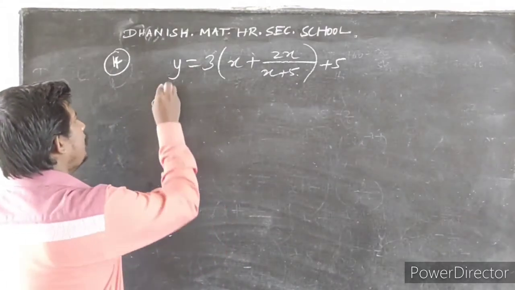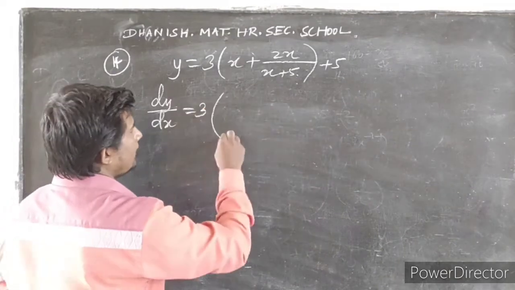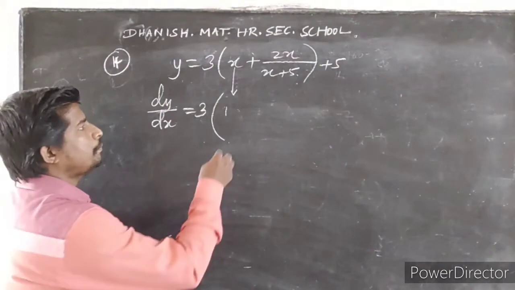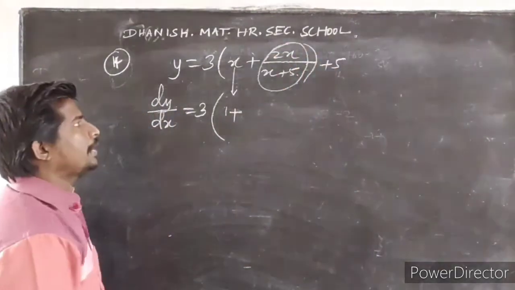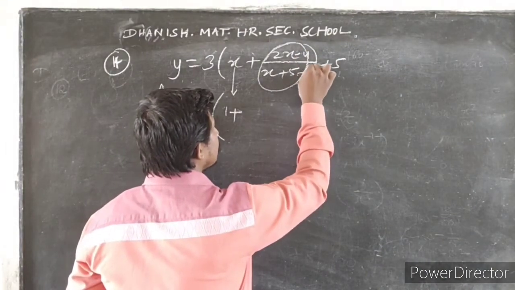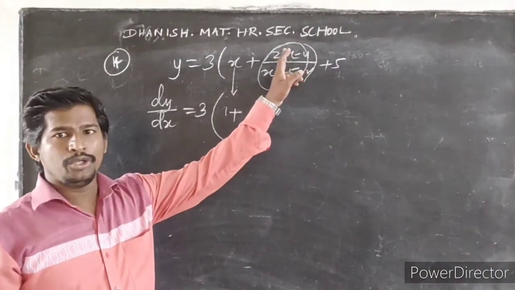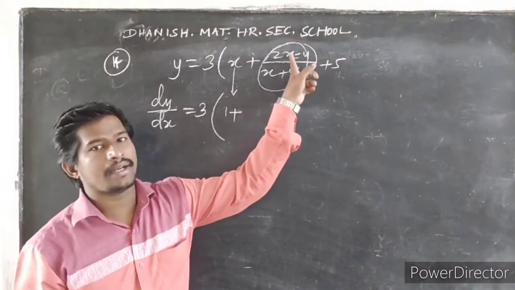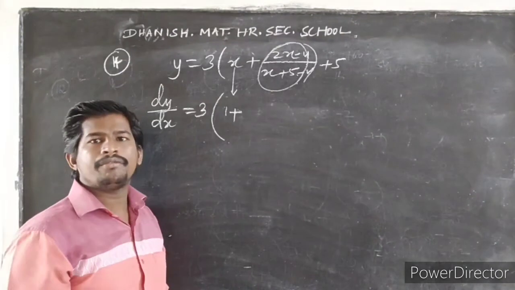Now our dy by dx equal to 3 into the derivative of x, which is 1, plus, here to differentiate this we can take the numerator as u and the denominator as v. Since the numerator and the denominator are differentiable, you can use the u by v form.